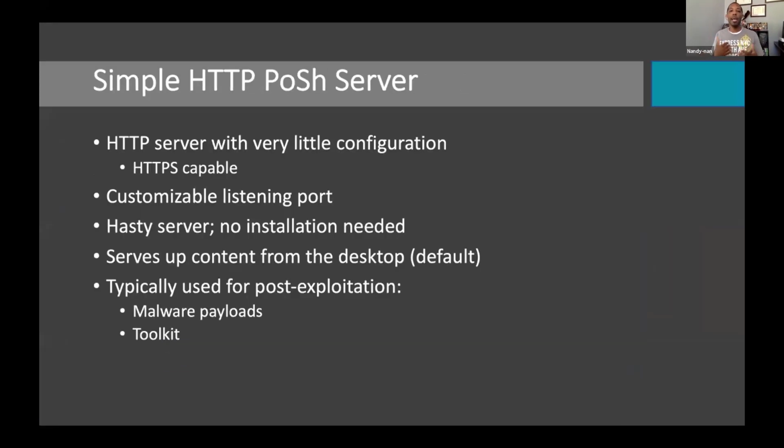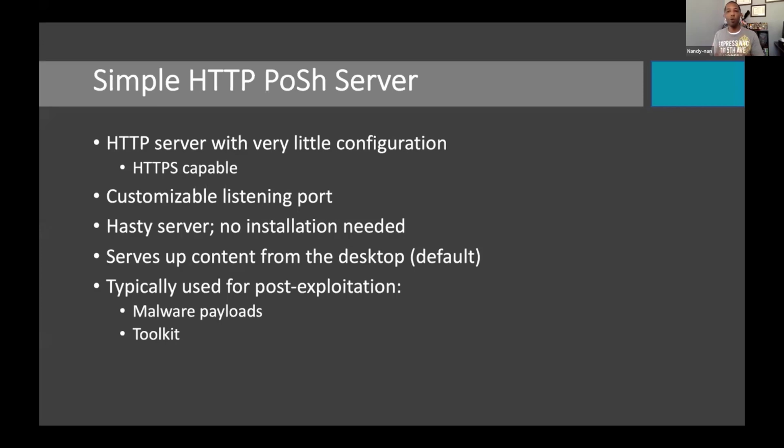And then we have a simple HTTP server. If you're coming from a Nix background or typically do your thing on Nix from a red team perspective, we have the Python SimpleHTTPServer, and I ended up coming up with the PowerShell variant of it as well. So very little configuration. We can stand it up very quickly, with a small amount of code.